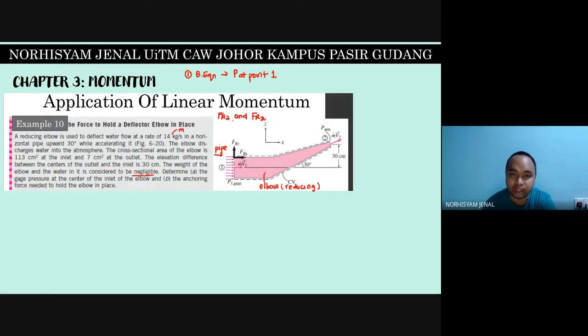Why? Because by having FRZ and FRX, we can find out what FR is. So what are these two called? We call them anchoring forces. And what is the function of the anchoring forces?